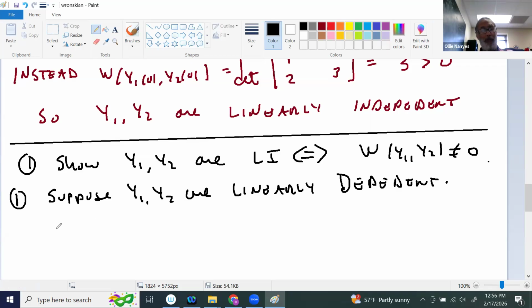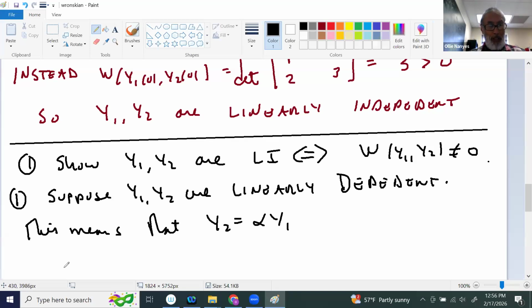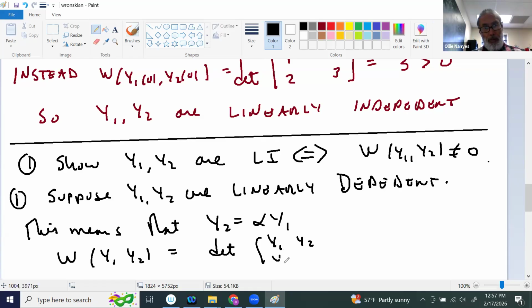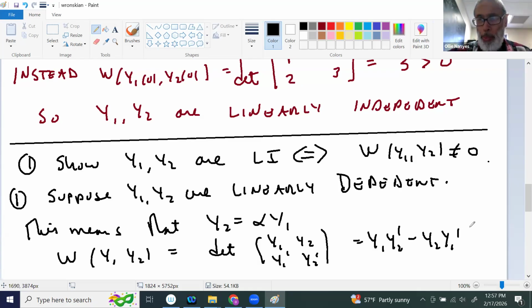What that means, from what we went over in class, is that y2 is some multiple of y1. So if I calculate the Wronskian of y1, y2, which is the determinant of y1, y2, y1 prime, y2 prime, which is y1 y2 prime minus y2 y1 prime.